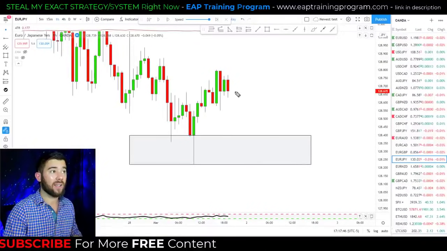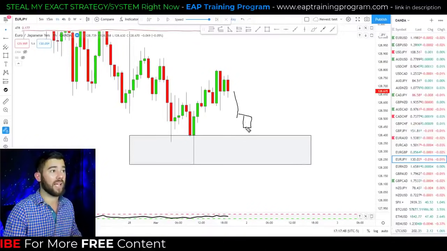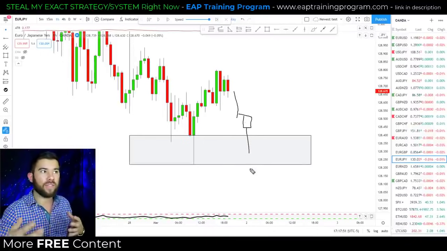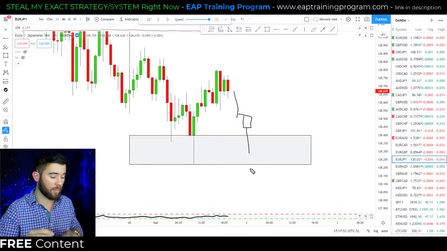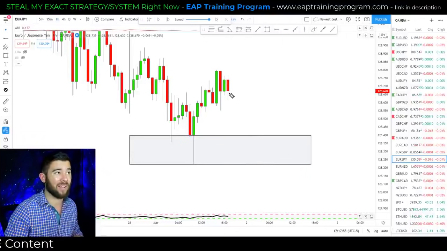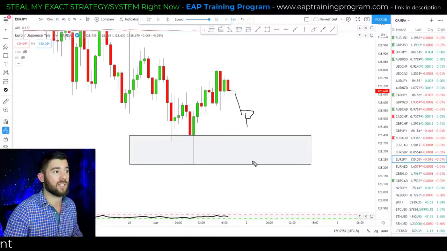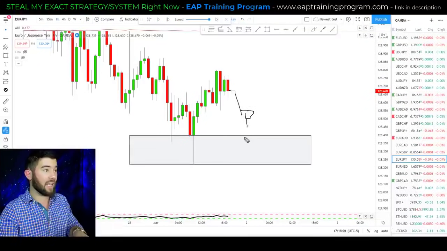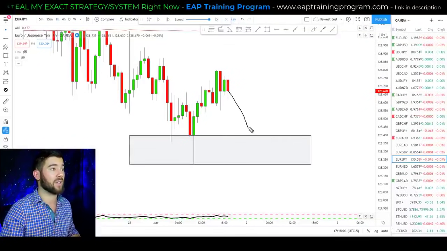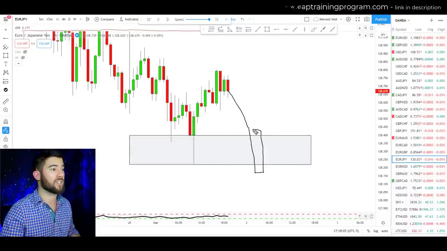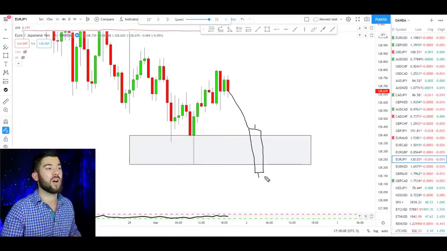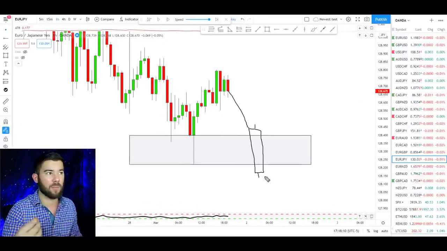We could see nothing but the wick of a candle touch this area. All of that I would consider a valid double bottom. What I would not consider a valid double bottom is if we get a candle, but the wick doesn't touch my area. Or if we get a pullback and we see a candle that closes all the way below my zone, those two situations are no longer a valid double bottom for me.